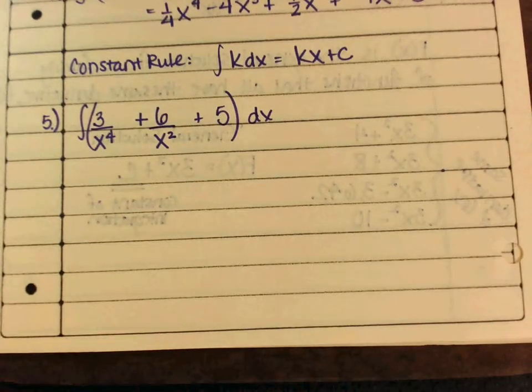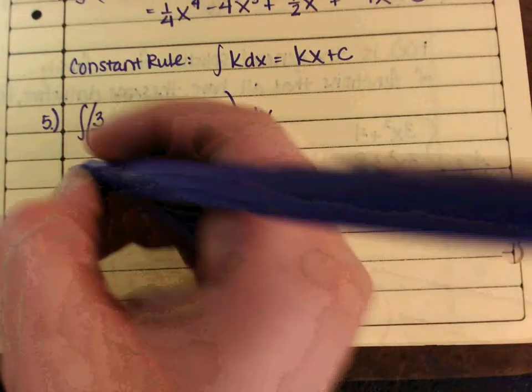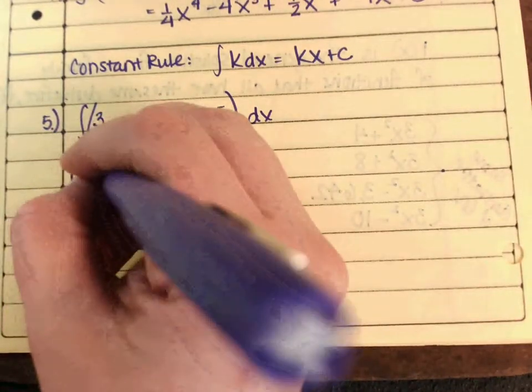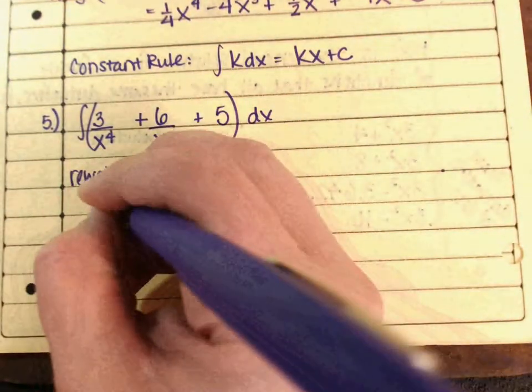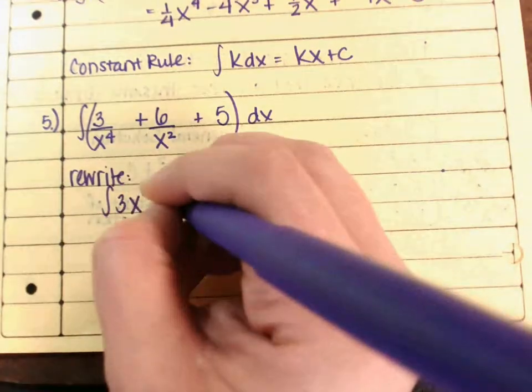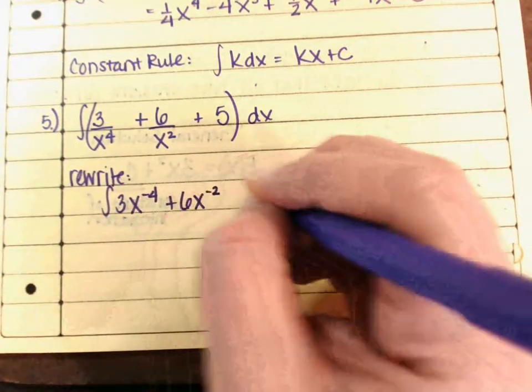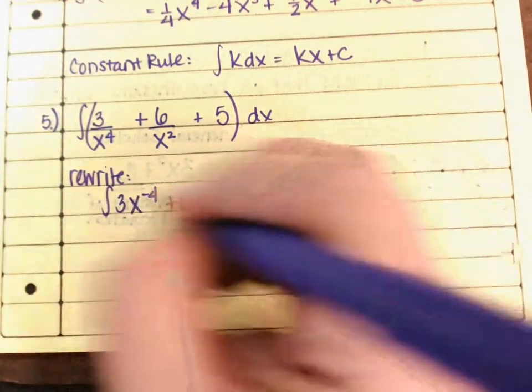The first thing that you should do if it's a fraction is think about, does it have to stay a fraction or can I rewrite it? Now, obviously in this one, rewriting is going to be pretty easy. Any terms on the bottom will come up, and how will I change the exponent? Okay, good. So I'm going to rewrite this to be the integral of 3x to the minus 4, plus 6x to the minus 2, plus 5.